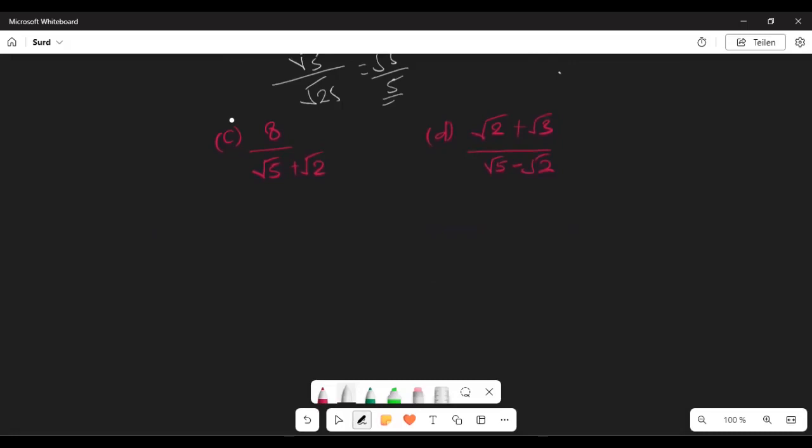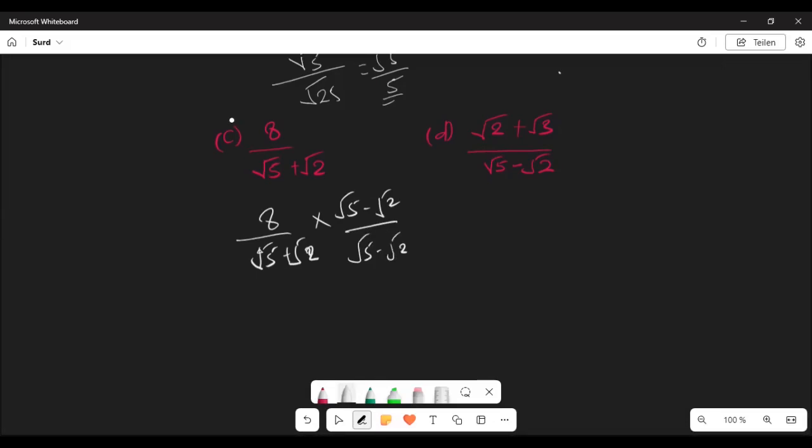What we're going to do here is multiply that one by root 5 minus root 2 over root 5 minus root 2.